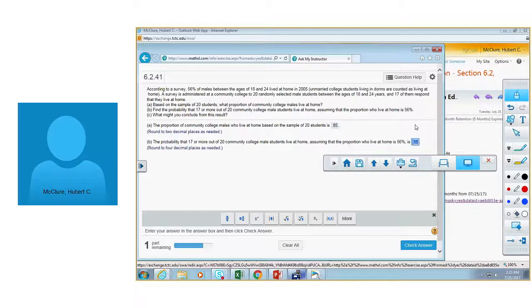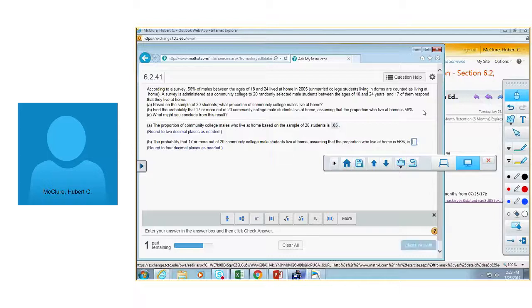So 20, and then 0.56, and then 17, and then 18, 19, and 20. And then we go to start. The reason is that it doesn't say 17, it says 17 or more.